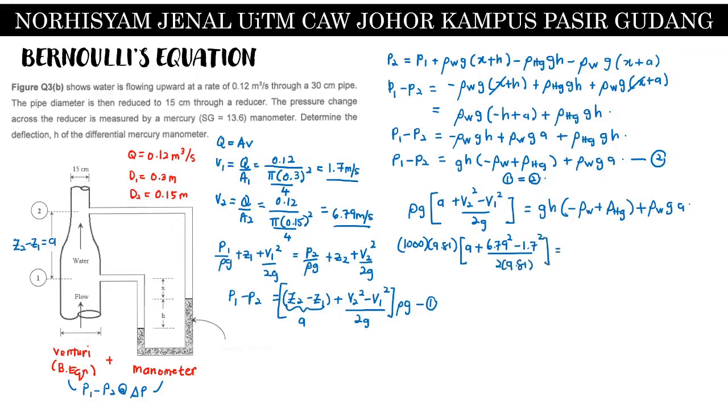On the right side, g is 9.81, h is unknown, rho water is negative 1000 plus 13,600, and then plus rho water 1000 times 9.81 times a.